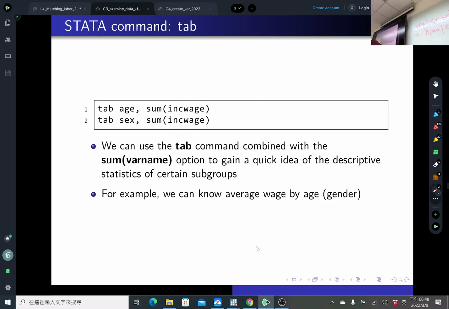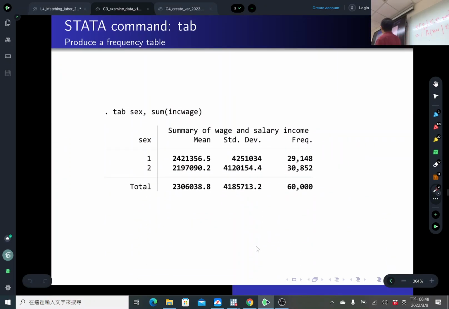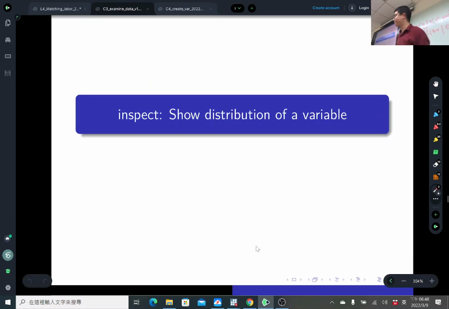It will give you each gender's average wage. So if you do this, it will look like this. You tab the gender, male and female, and summarize this variable. Basically, it will generate the output: if you are male, the average wage, female average wage, and the total. Okay. This is something you can practice.